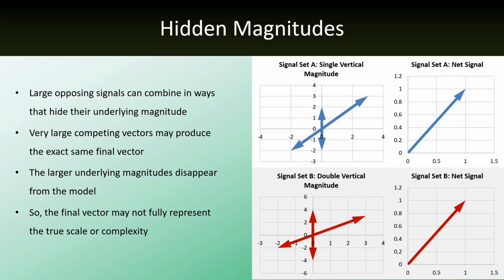Once those signals are compressed into a single net result, the larger underlying magnitudes disappear from the model. From the outside, both systems appear identical, even though one may contain far more energetic signal interactions underneath. So, the final vector may not fully represent the true scale or complexity of the underlying signal environment.